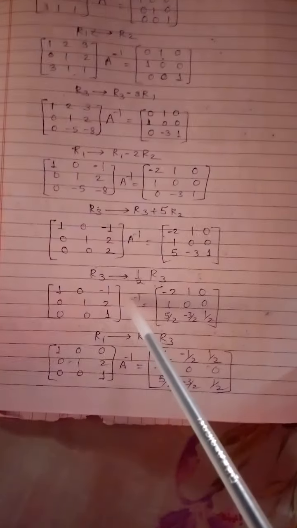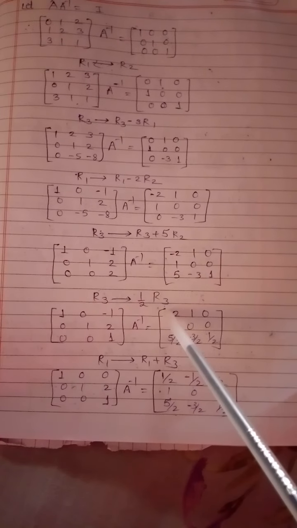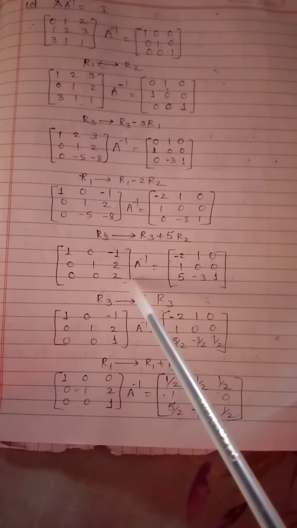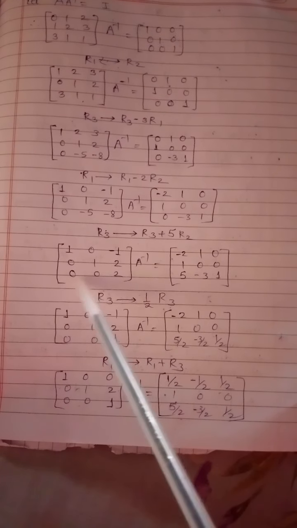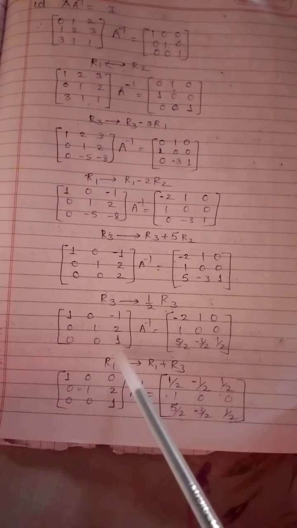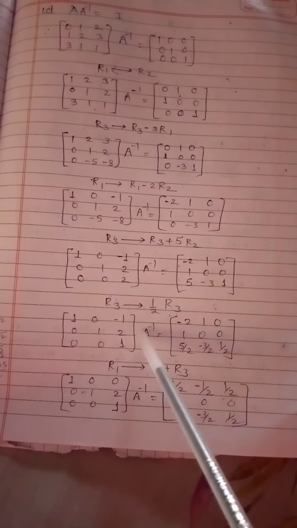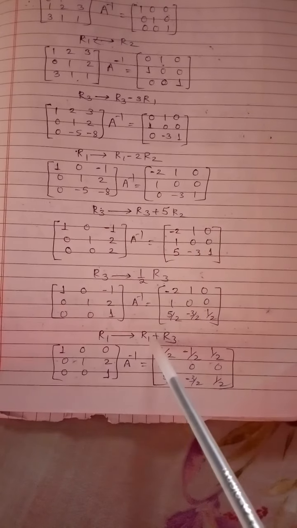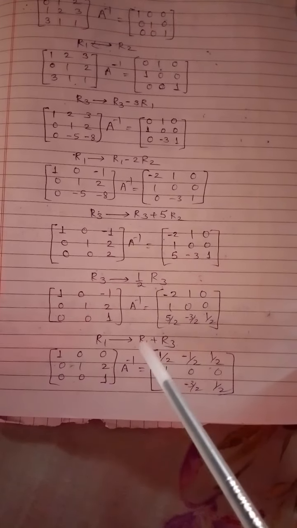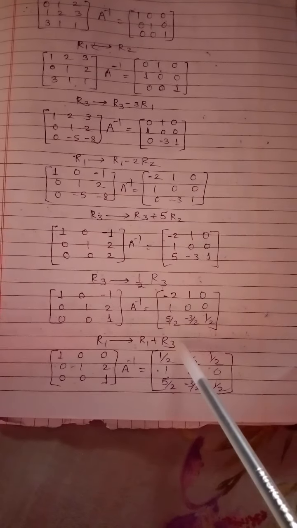After that, now we have to multiply this R3 by half. So by multiplying R3 by half, what do we get? This 0 as it is, and if we multiply this by half, we will get here 1, and R1 and R2 as it is. The same changes we have to do here. Next, now we have to make the changes in R1, because here we want 0. So we are taking the addition of R1 and R3.